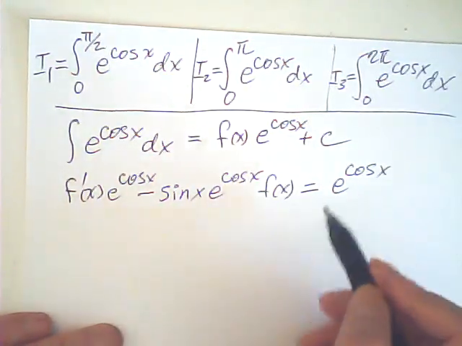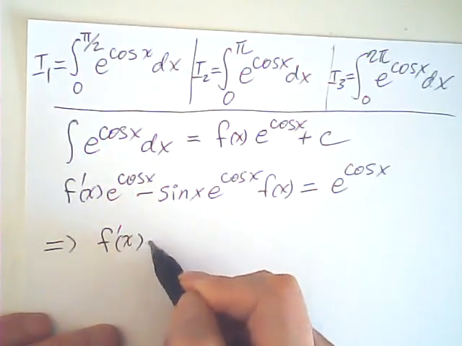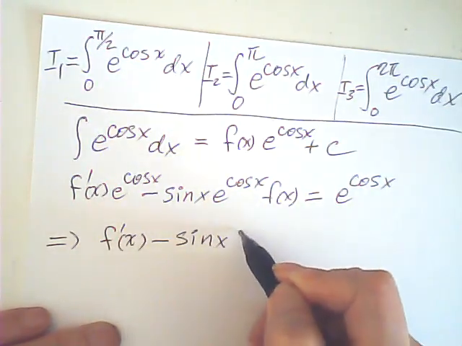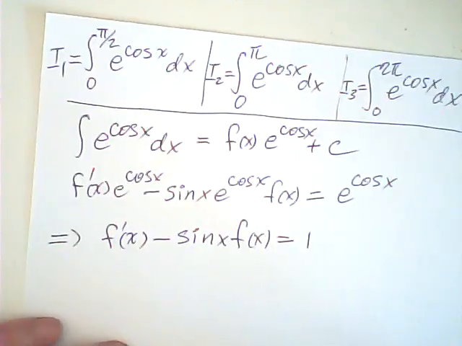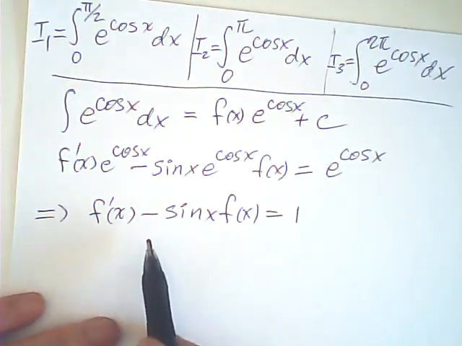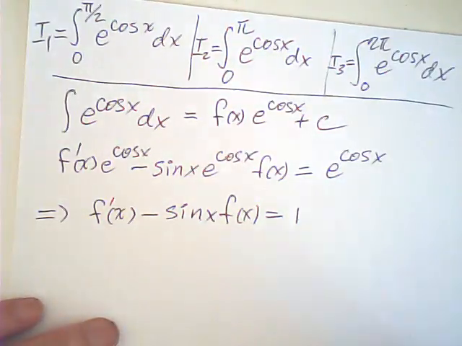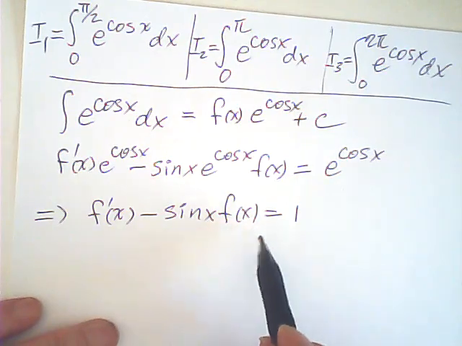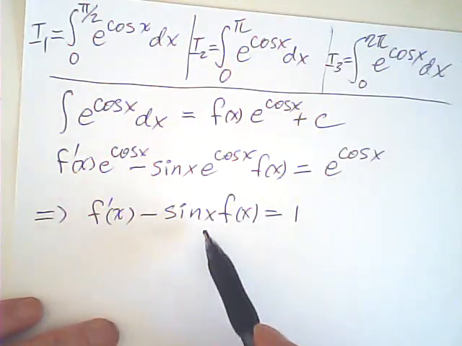And we cancel that, so we have f prime of x minus sine x f of x is equal to 1. Now, to find f of x, it means that we solve this first order differential equation. By the usual way, we use the integrating factor, right?